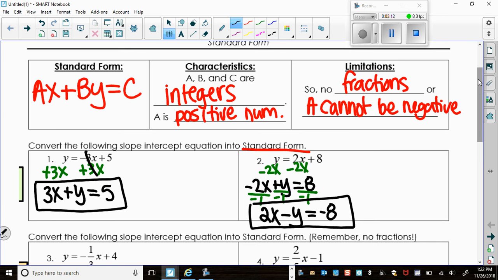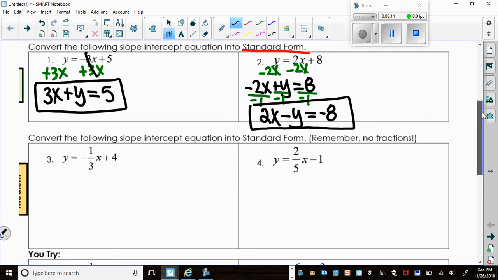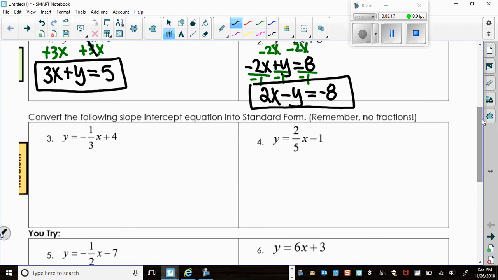Now let's look at, these were the easier type of problems. 3 and 4 are kind of harder. You're dealing with some fractions here, but it's kind of the same idea. I'm going to move the negative 1/3 x over to the left-hand side.